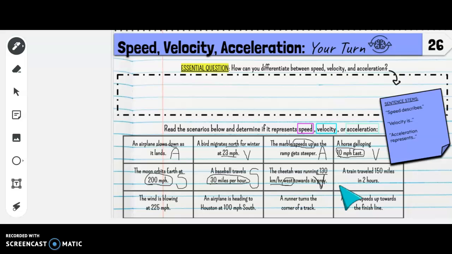A train traveled 150 miles in 2 hours. So we have the miles, all right, with the time, 150 miles in 2 hours. So we know that is speed.